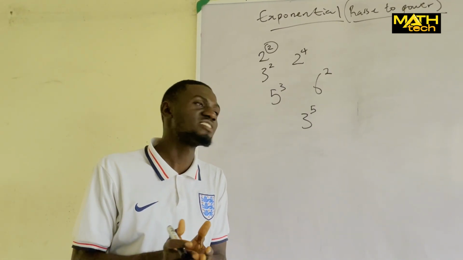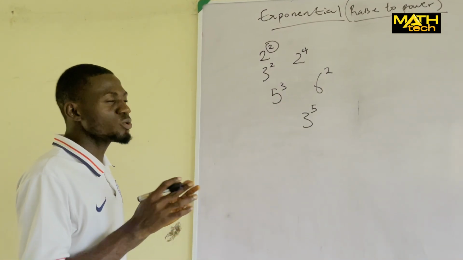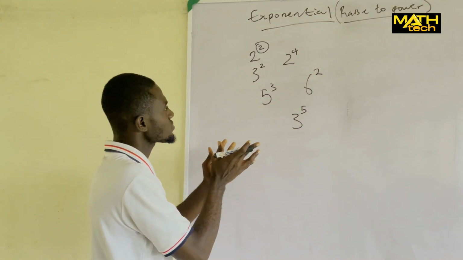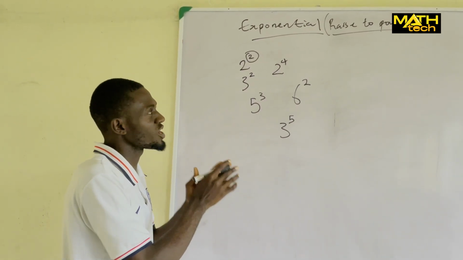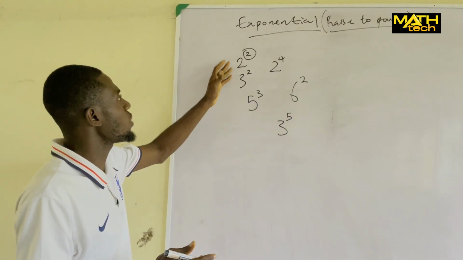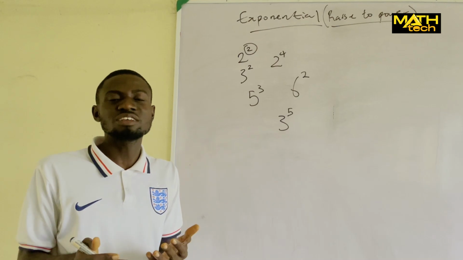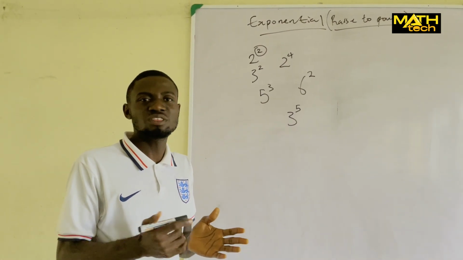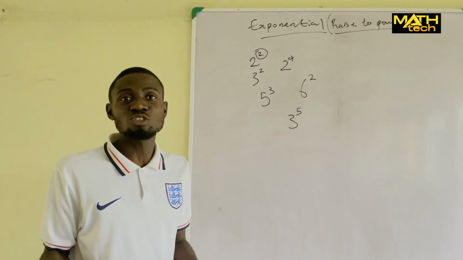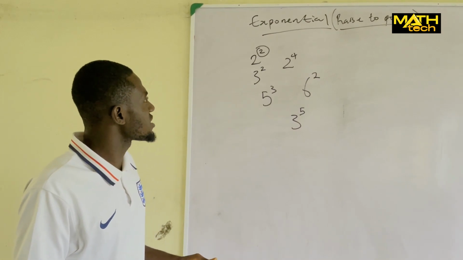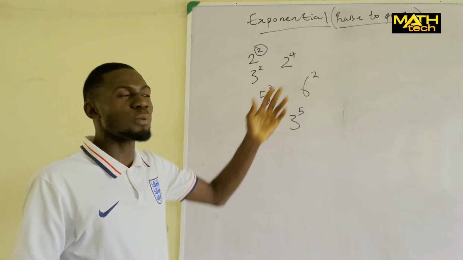The index. So I want to explain how we get the result of exponentials, like saying 2 exponential 2. How do we get the result? I think most people find it a bit difficult. Yes, everybody knows 2 raised to power 2 is 4. But let's look at a situation like 2 raised to power 4.